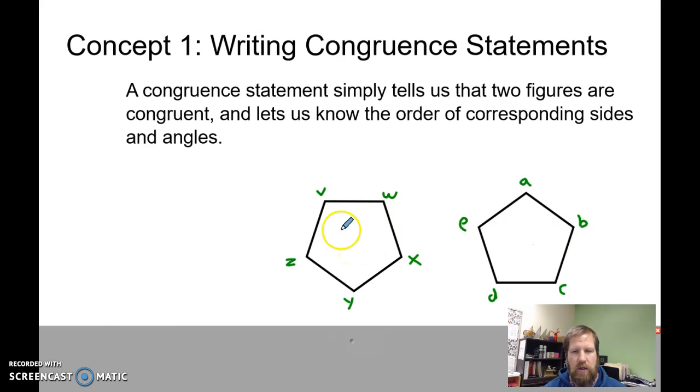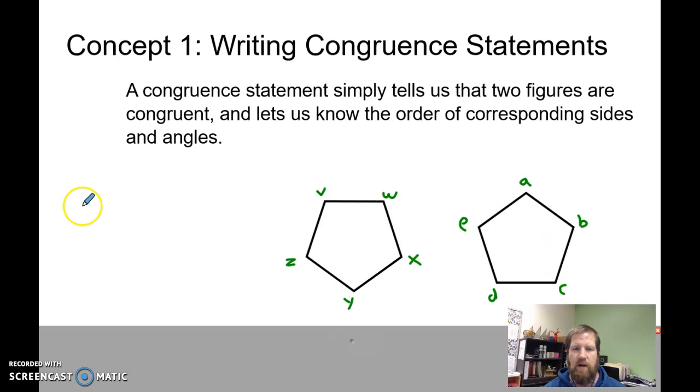You can look at them and tell they're the same size, same shape. But to be able to know which angle goes with which angle between the two figures, we're going to need a congruence statement.